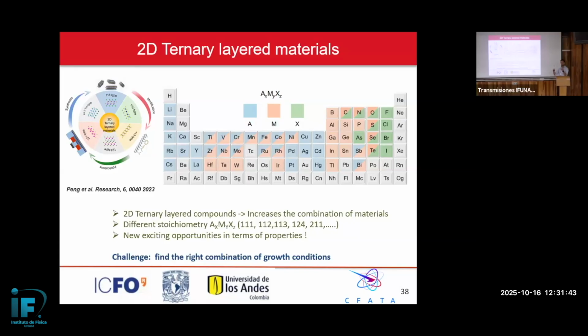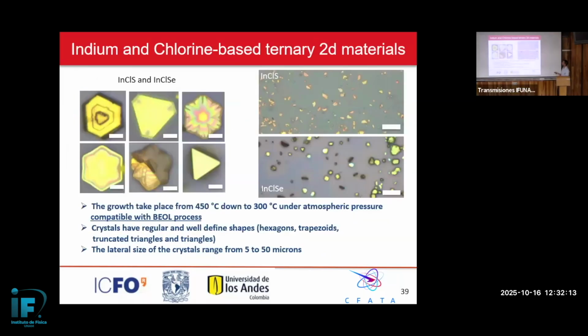Because now you will have an extra degree of freedom to create a new material, right? You can increase the combinations of materials, and they will have different stoichiometry between them. So that was the idea, but of course the challenge was the growth. It took a little bit for them, but they managed to do this.